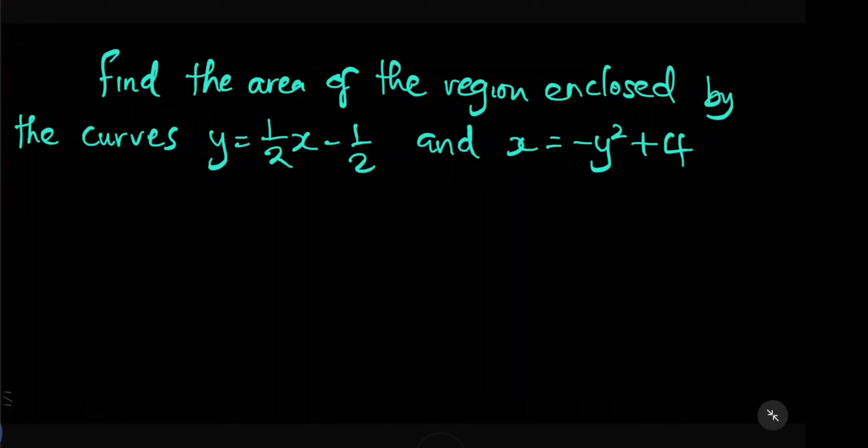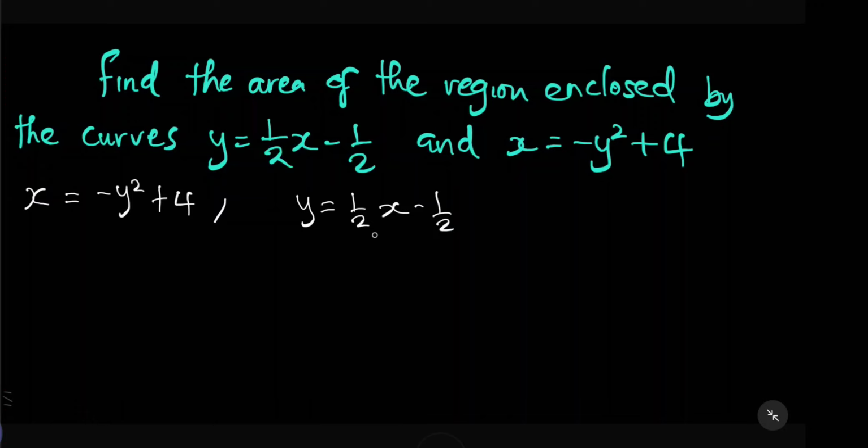But for this question, you notice that the first curve is in terms of x and the second curve is in terms of y. So we want to rewrite both expressions so that they are in the same terms. We can start with this. We have that x equals minus y squared plus 4. And for this we have y equals half x minus half.